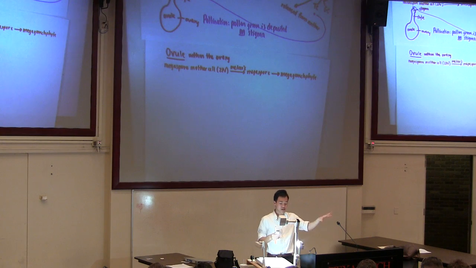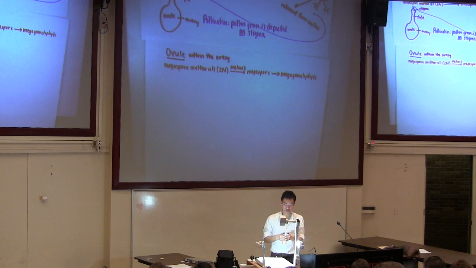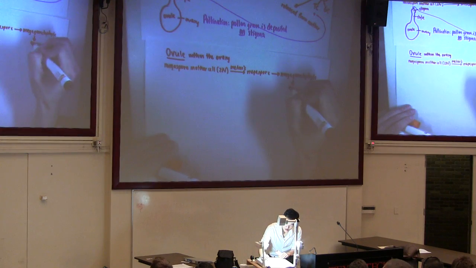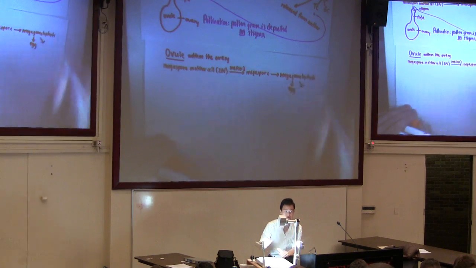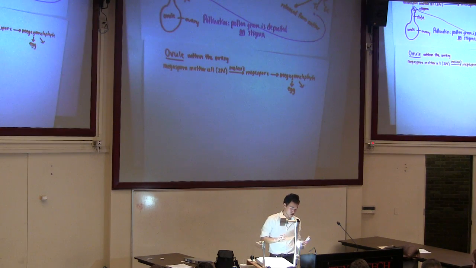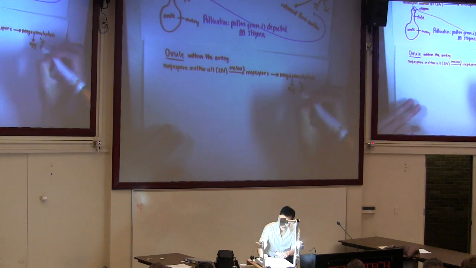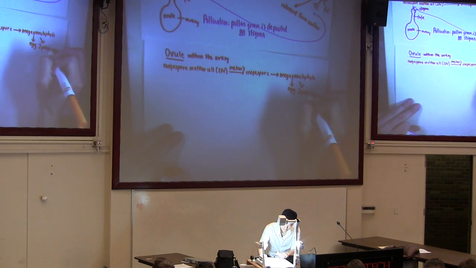Gymnosperms produced archegonia. Angiosperms don't produce archegonia or antheridia. So eventually, this megagametophyte or female gametophyte will produce the egg. What else is produced in addition to the egg? Two polar nuclei.